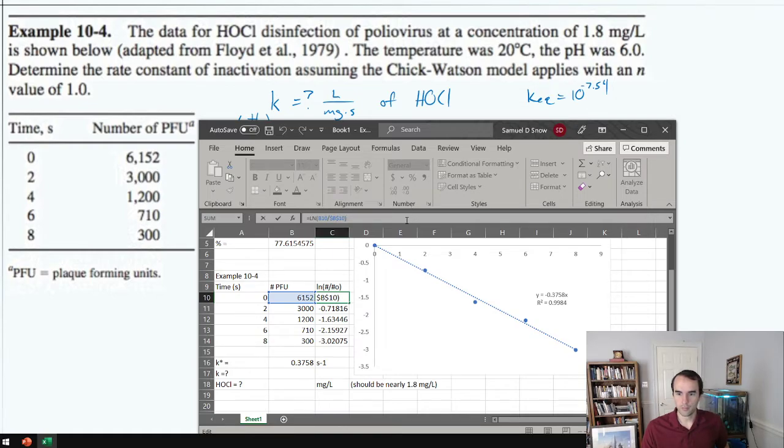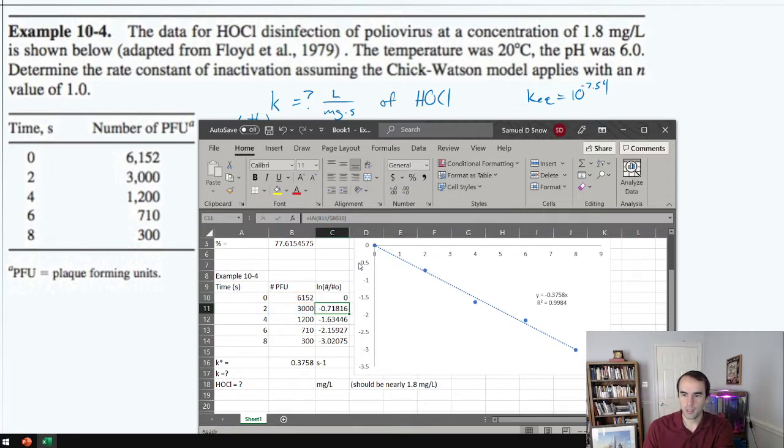I did that with this formula and just said it's equal to the natural log of this divided by this. And then I filled that down, also holding that denominator constant at the initial value. So the second value then is the 2 seconds divided by the 0 seconds values.